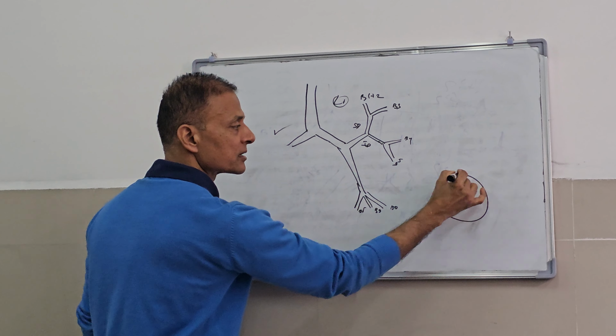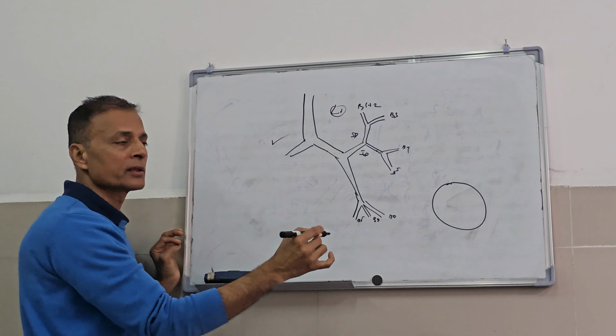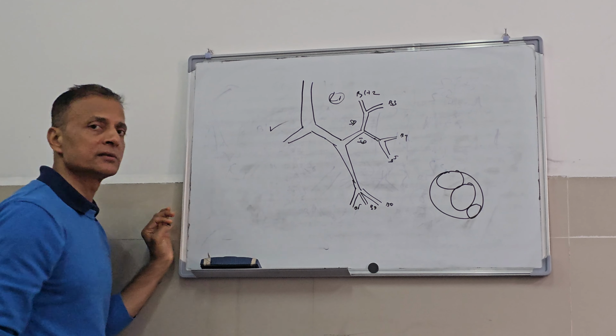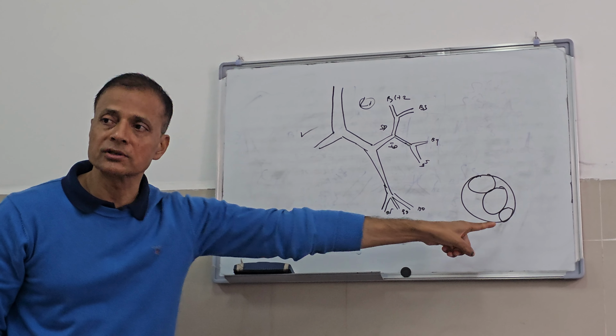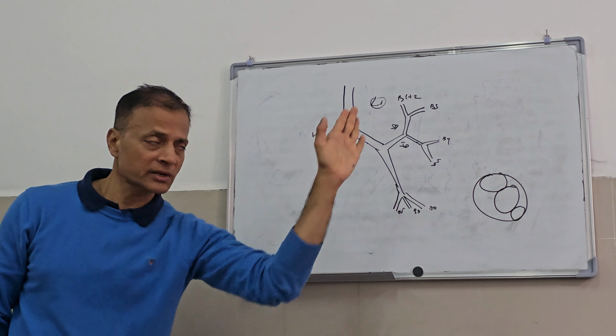If you draw the circle on the left side, this will be the 8th segment, this will be the 9th segment, and this will be the 10th segment. During the bronchoscopy, like we visualized today in the morning, it will go like this: 8, 9, 10.